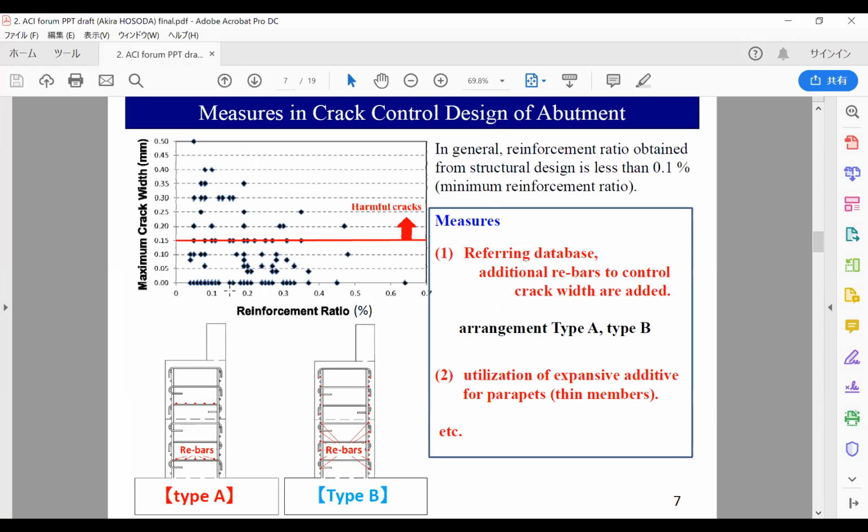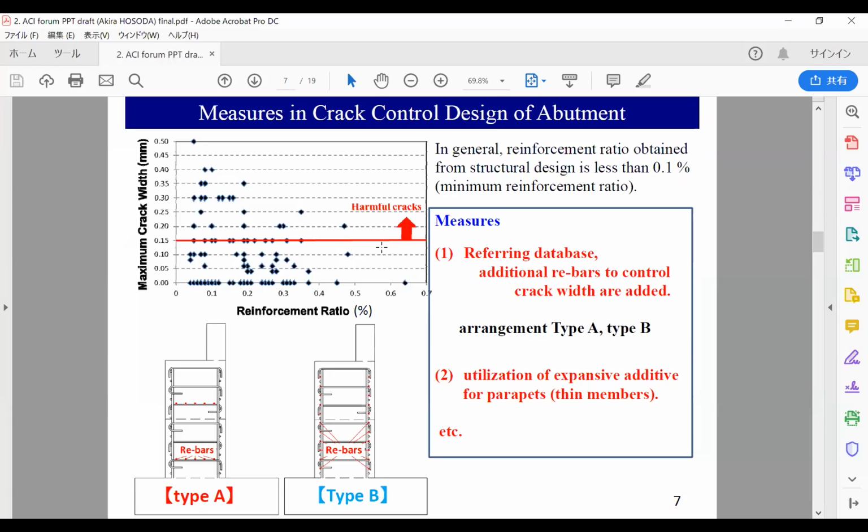Some have so-so ratios, for example 0.4 or 0.5, but some have very low reinforcement ratio. They have their own construction database, so they can observe maximum crack widths in it. So they plot it, and you can find that increasing the reinforcement ratio seems effective to control crack widths. Again, I already explained that their limit value of crack widths is 0.15 millimeter.